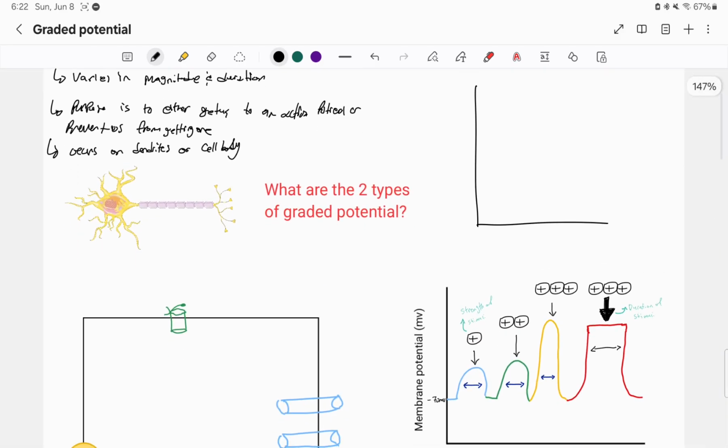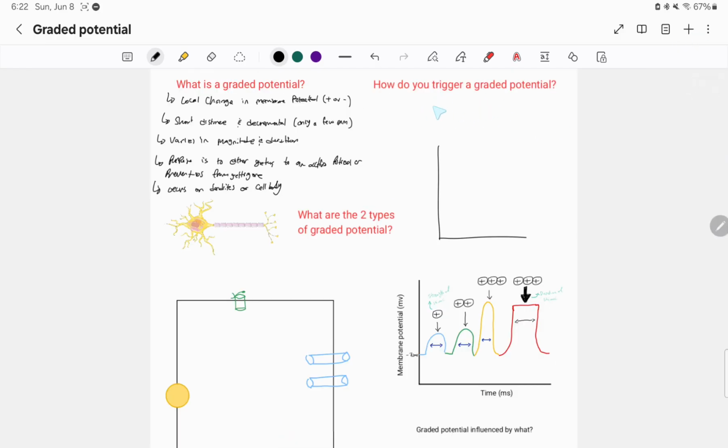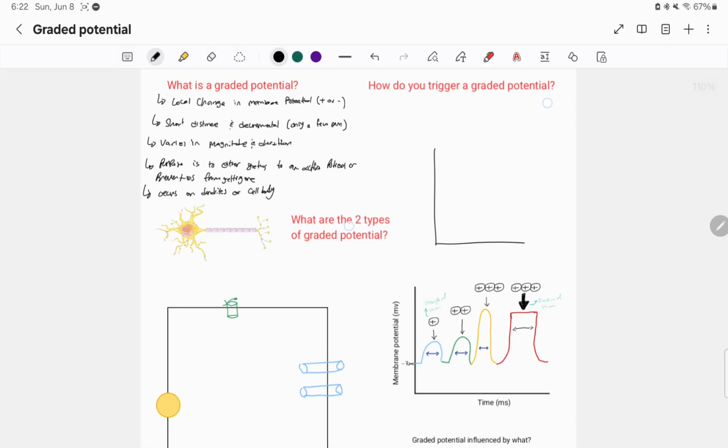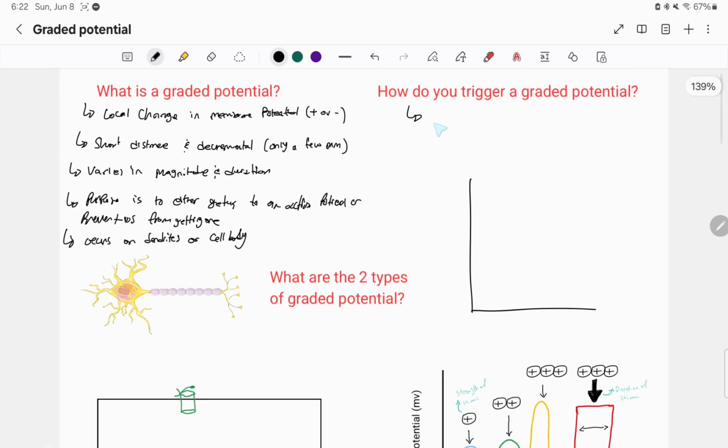Now, how do you actually get a graded potential? How do you trigger a graded potential? There has to be some sort of stimulus, and there are different types of stimuli depending on the kind of neuron we're dealing with. You can have a graded potential triggered with a chemical stimulus. This is very common.